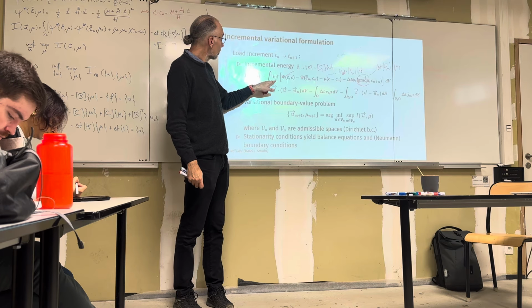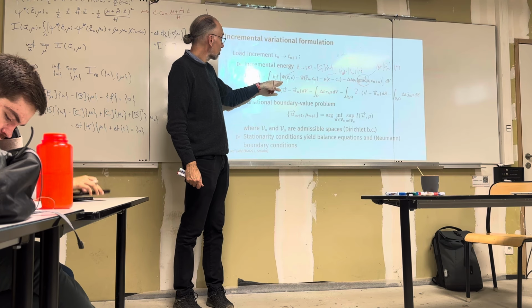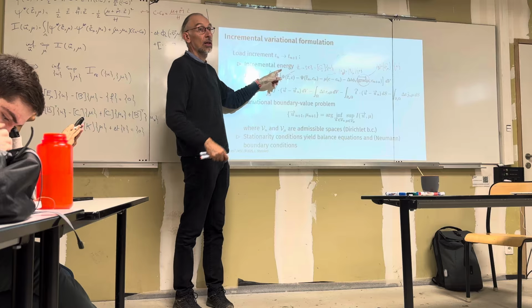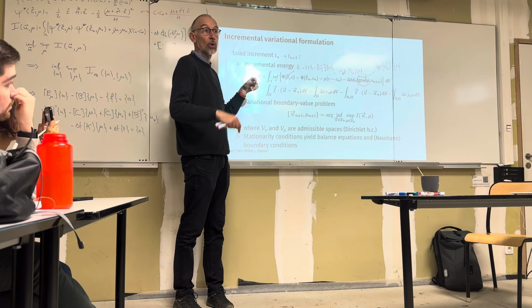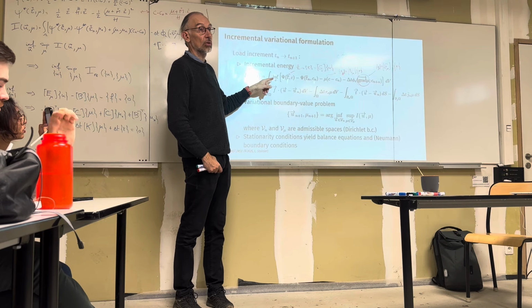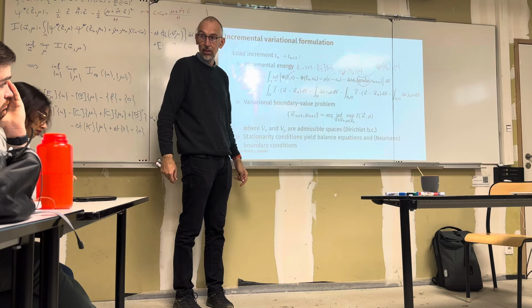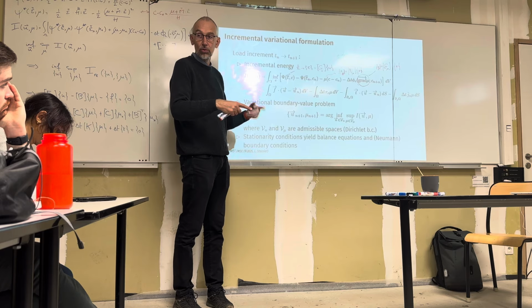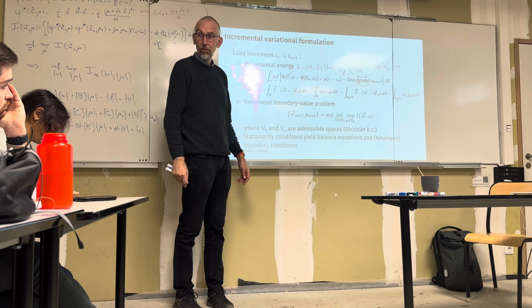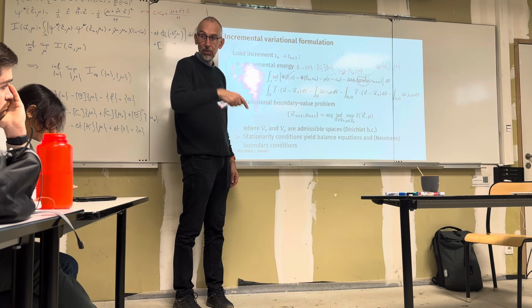Then, with this result, I've got the function of U and mu, and I can try to solve for U and mu by doing a Newton minimization, which you can do by descent methods, linked to Newton-Raphson, or other optimization methods.